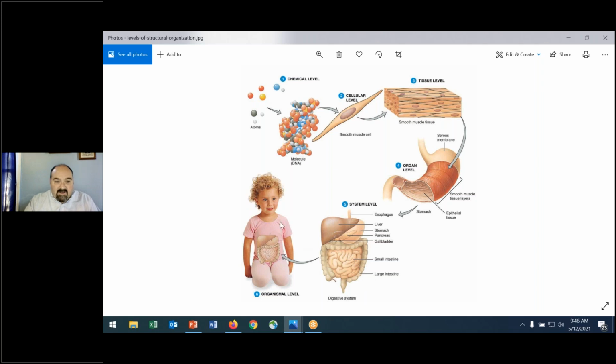These organ systems are comprised of organs. The organs are comprised of tissues. These tissues are made up of cells. And these cells are made up of chemicals, DNA, and subatomic particles. So we recall this.